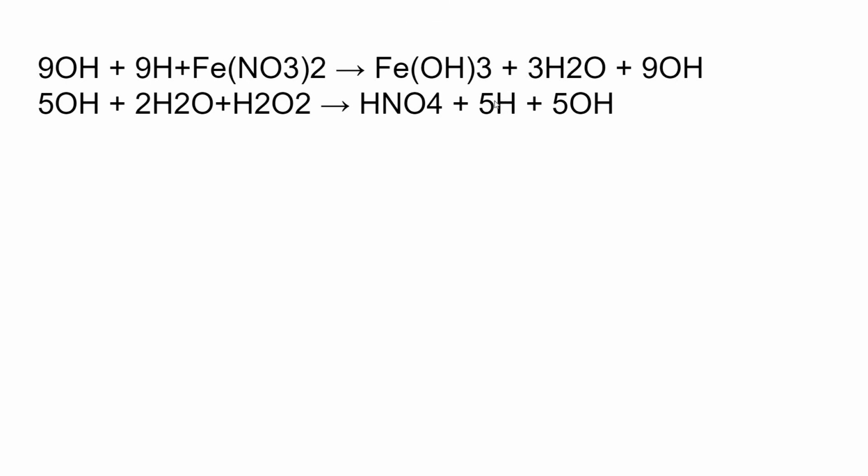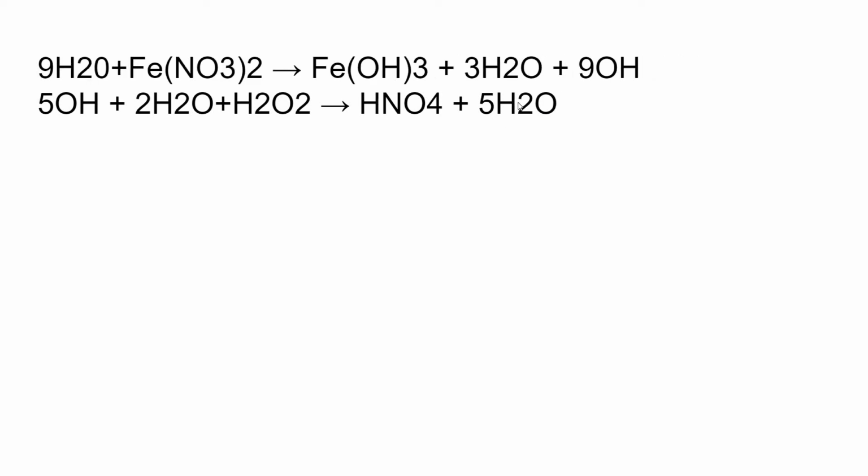So that means that we have 5 hydrogens here. That means 5 OH groups. And similarly, we have 5 over here. And we have 9 and 9, and also 9. And hopefully you'd recognize that 5 hydrogens plus the 5 OH groups would simplify into water, which is what we've done here. So we have 5 H2O, 5 OH, 9 H2O, and 9 OH.